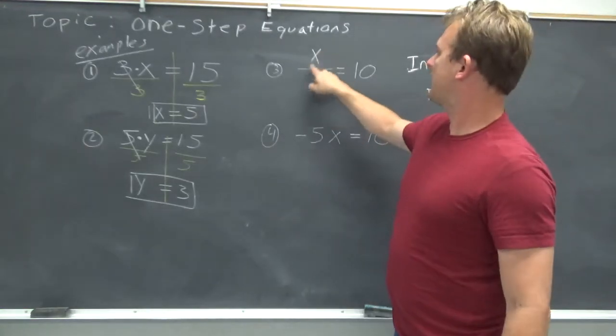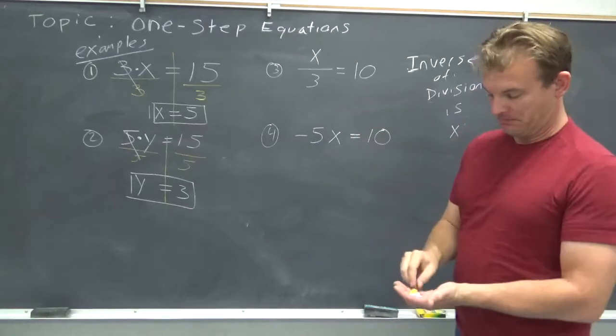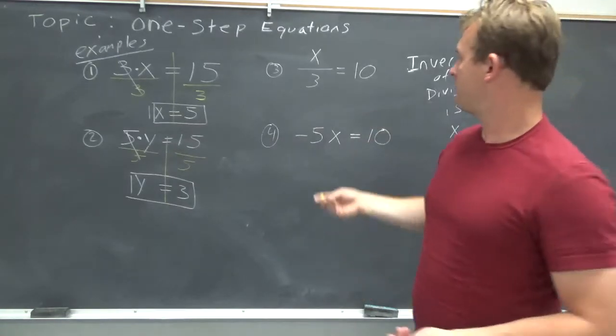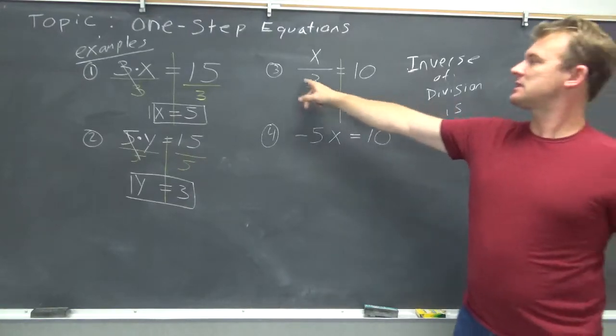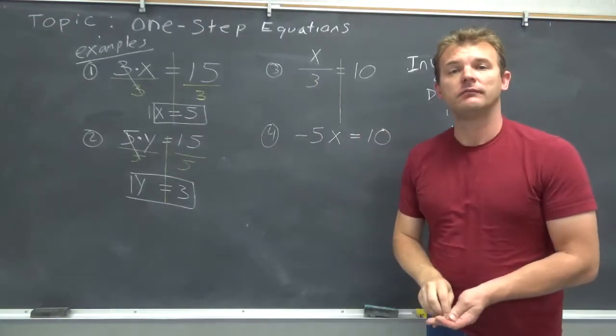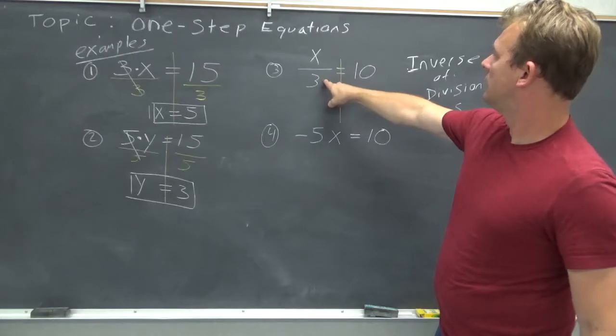So this is x divided by 3 equals 10. And you can sit here and do some problems. Keep yourself organized. What do I have to do to this side to get rid of the fraction?